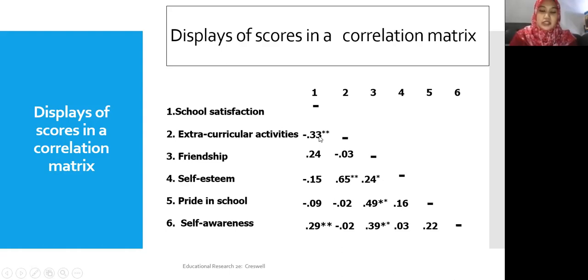The calculation of R shows minus 0.33. So it means that it indicates it has a correlation. This interpretation can be seen from the association that I will present after this. Okay. Next, please.